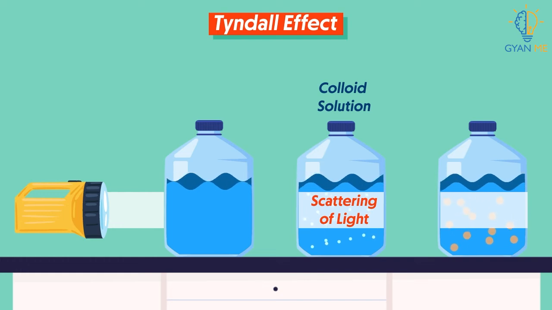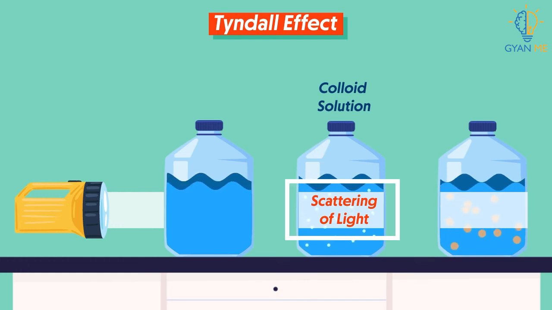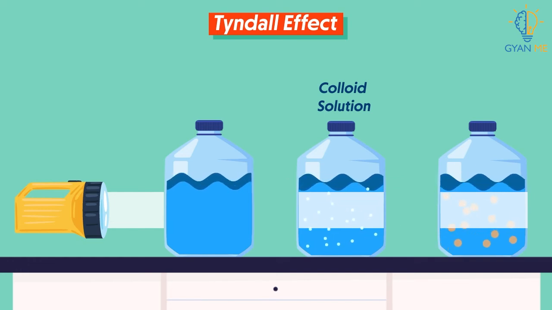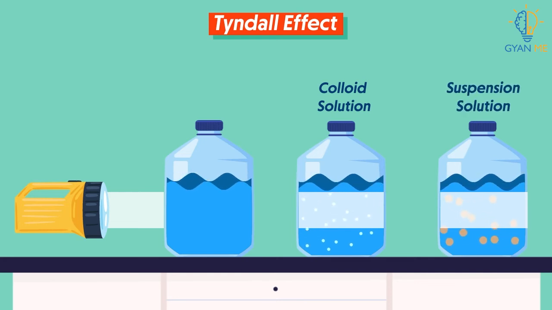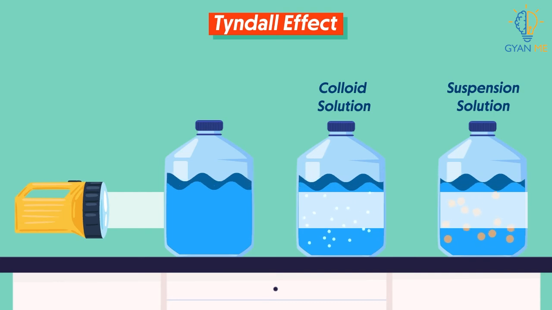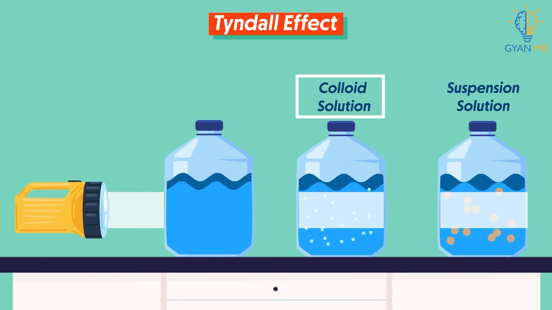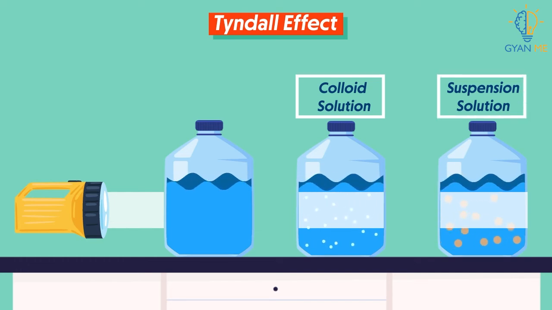So again, the Tyndall effect is one of the phenomena which shows scattering of light. This effect is exhibited by almost all colloidal solutions and some very fine suspension solutions as well. Therefore, it can be used to verify if a given solution is a colloid or not. I mean, we can use the Tyndall effect to find out whether the solution is a colloid or suspension or normal solution.